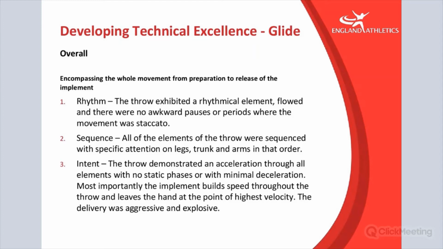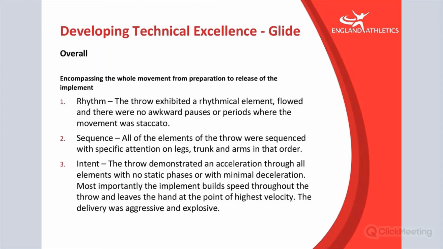So ultimately, this is what shot put is about, and in fact, any throwing, is making sure that the implement leaves your hand at the point of highest velocity, and ultimately, the technique that you put in place in order to give you the outcome you want should be built around A, not dropping any speed or velocity off the implement, B, making sure that you have enough acceleration path so you can continually accelerate the implement, and C, allows you to release the implement at the point of highest velocity. So ultimately, that's the big goal, and that's what we've done trying to put this framework together.